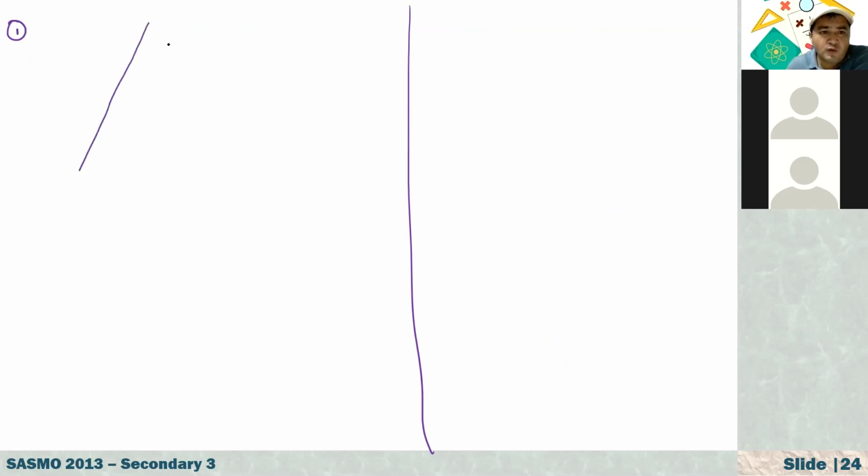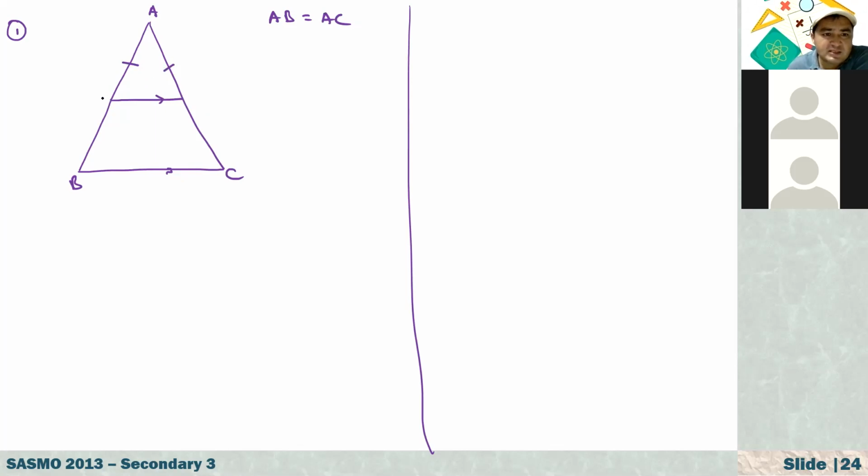If I draw one isosceles triangle, and let me draw another parallel line to this side, and since it is isosceles, that means that in triangle ABC, AB is equal to AC. So this side should be equal to this side.